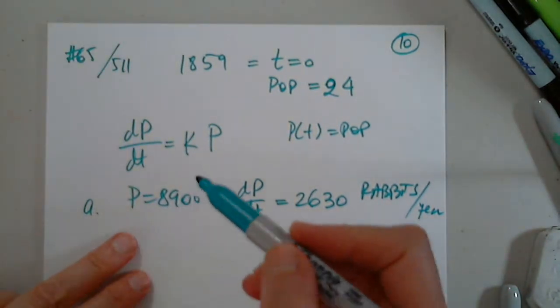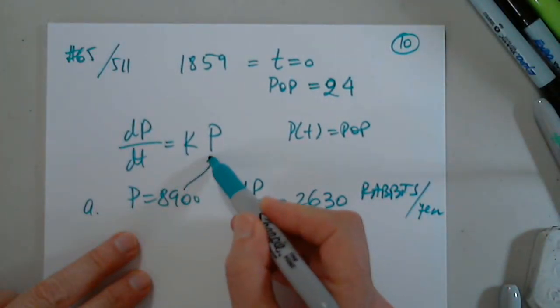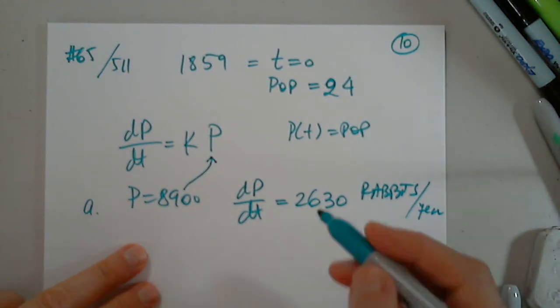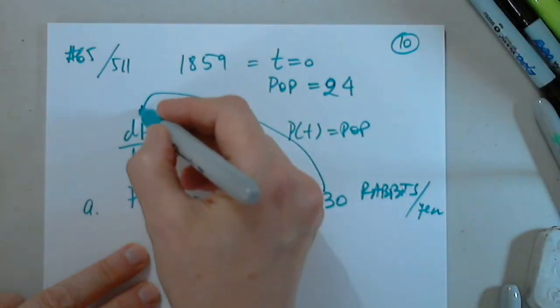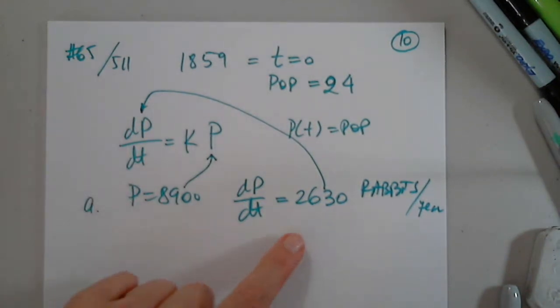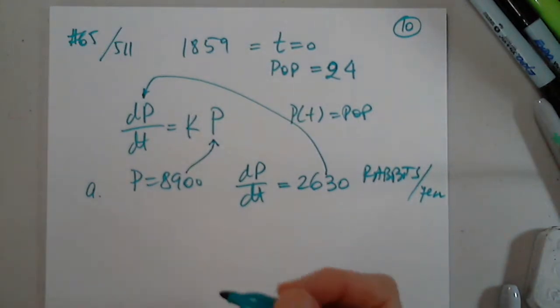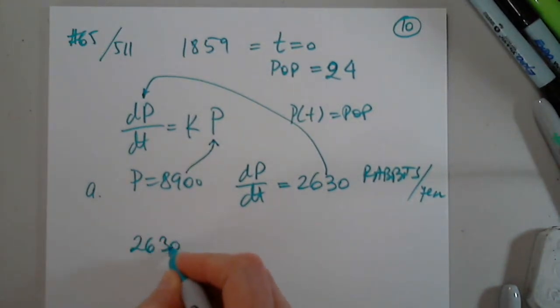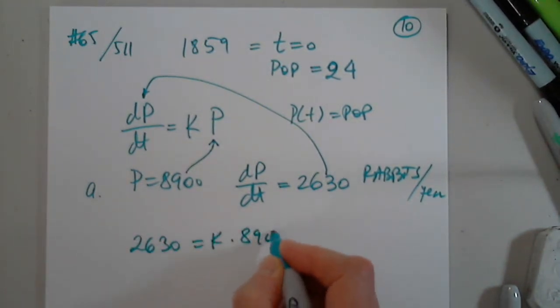So they're given that when the population is 8,900, the rate of change of the population with respect to time is 2,630 rabbits per year. So algebra, so 2630 equals k times 8,900.